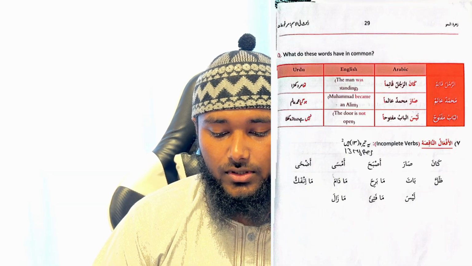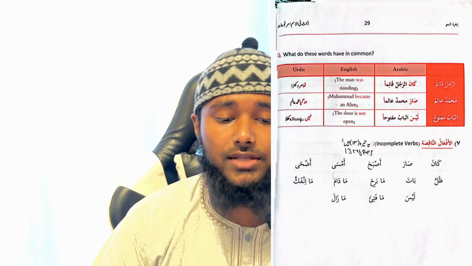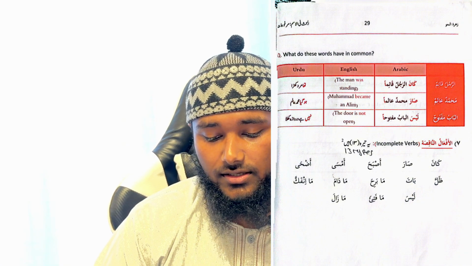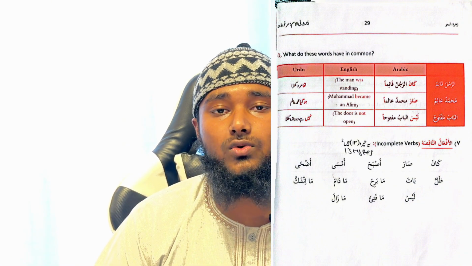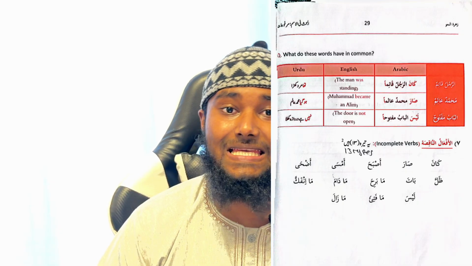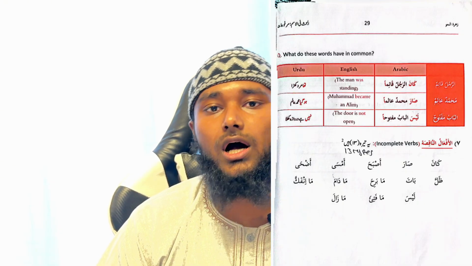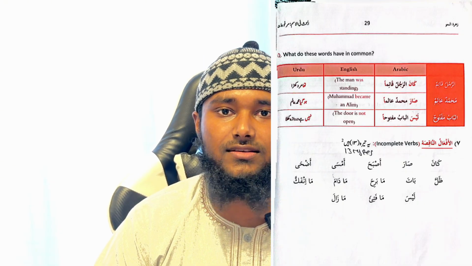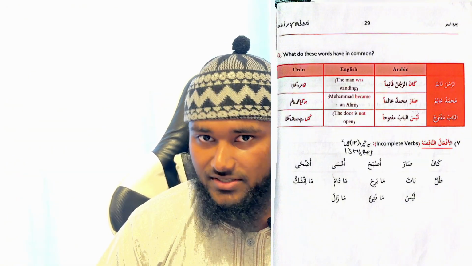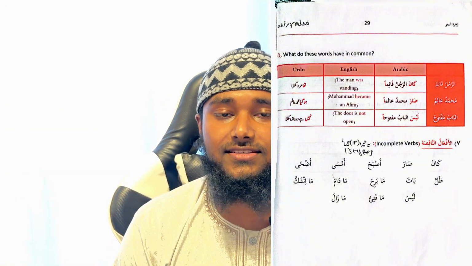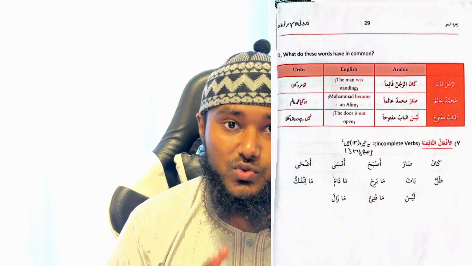Here he mentions كان الرجل قائما, and he says the man was standing. If you say الرجل قائم, the man is standing, they're both in the rafa' case, both with dhamma. If you bring kana into the sentence, it's going to switch the structure.